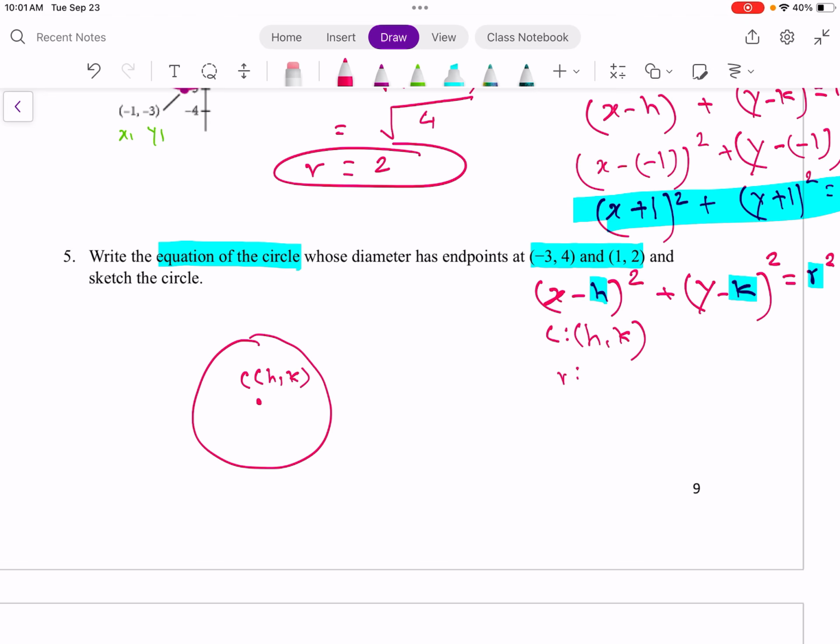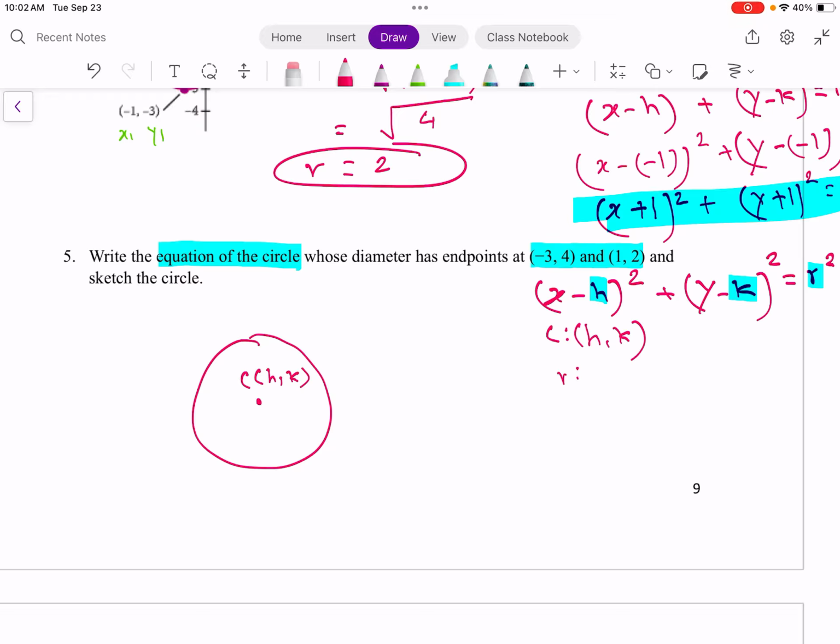Now what is the diameter of a circle? How do we define the diameter? Our radius is the distance from the center to any point on the circle. Now what is the diameter? Is it r squared? No, it's radius times 2.